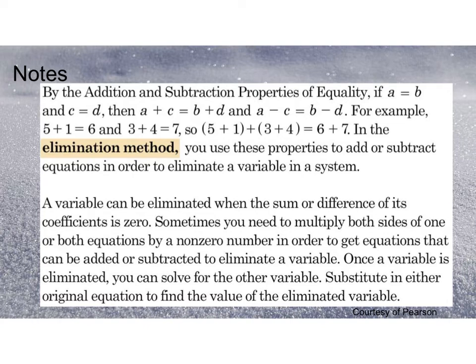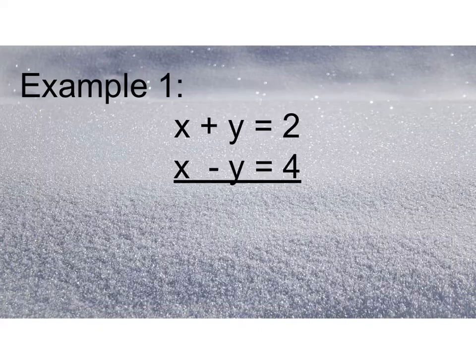First, take a moment and read over the addition and subtraction properties of equality, and notice why we can use the elimination method to solve systems of equations. We are asked to find the solution of the system, and for this system, we are going to use the elimination method.